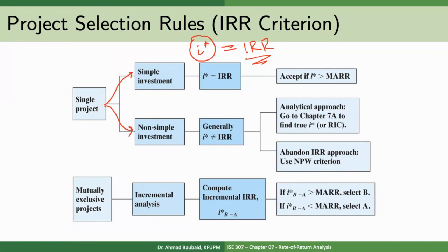But remember what I said in Appendix 7A, that even if you have a unique value in the non-simple case, it's not a guarantee that you can use this criteria. There's an additional condition that we didn't teach you that you have to check. So if you see a non-simple investment, you can just assume that I can't use IRR. I will abandon that approach and I will use the net present worth criteria. So I will go back to chapter 5 in this case.